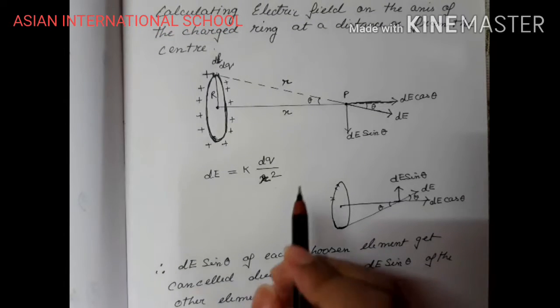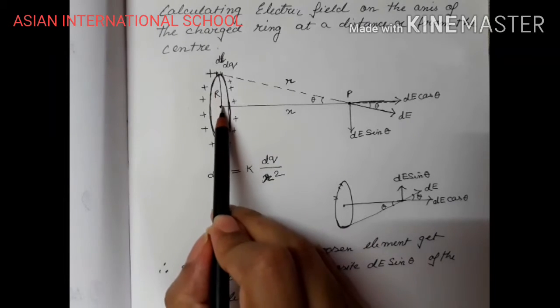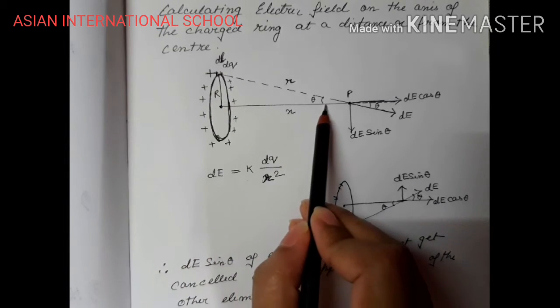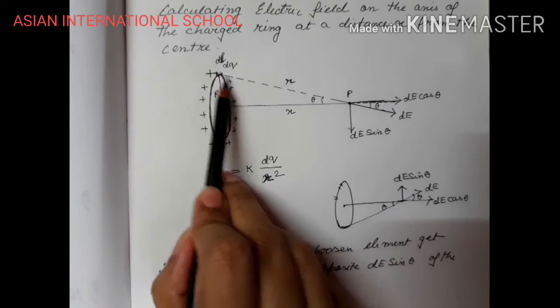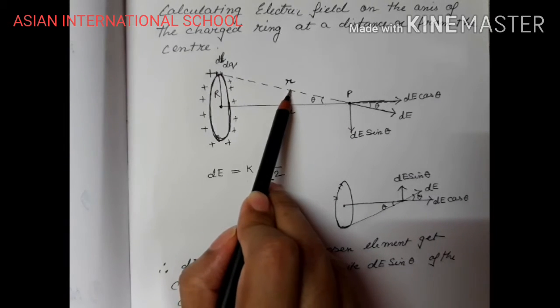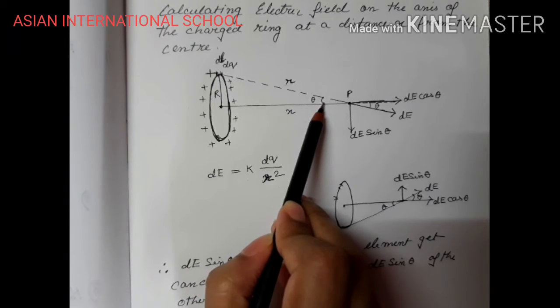Now a few things are constant here. The radius R is constant, x is constant, the small r, the distance from the elementary portion to point P, is also constant, and the angle theta will remain constant.